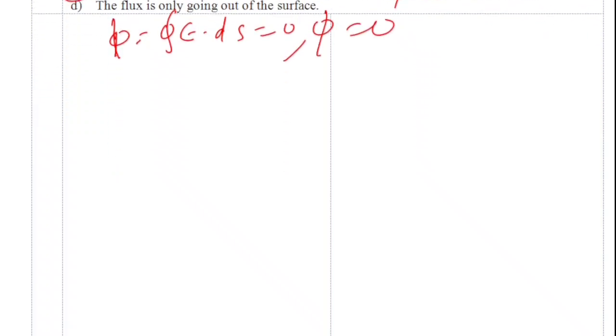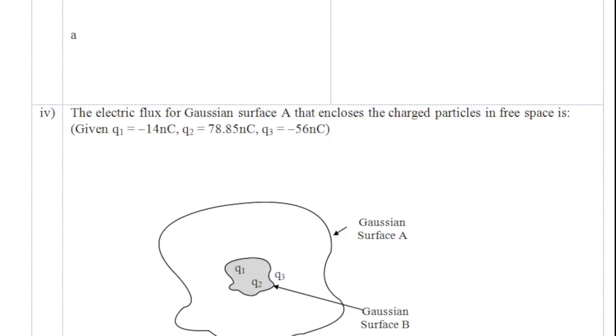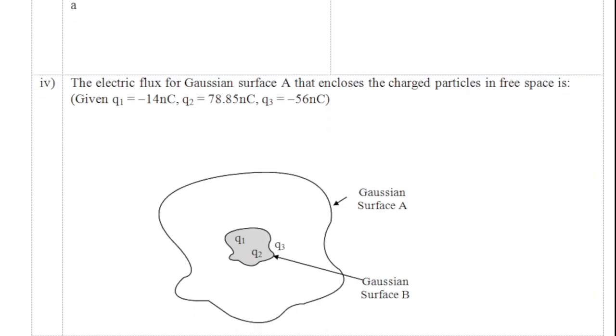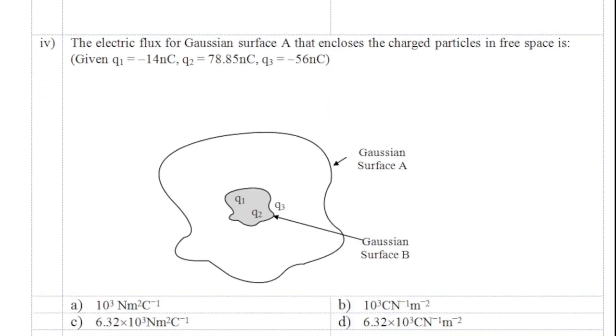Now, next question number 4. Here one figure is given. The electric flux for Gaussian surface A encloses the charged particle in free space. Here there are two surfaces.